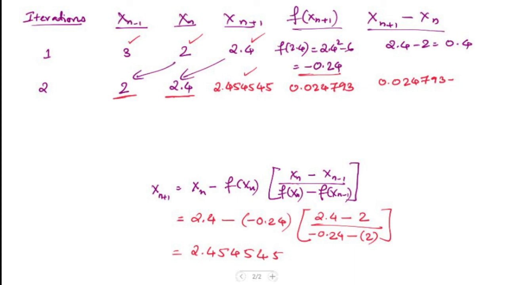We're supposed to subtract xn from xn plus 1. So xn plus 1 is 2.454545 minus xn, which is 2.4, and that gives us 0.0545.